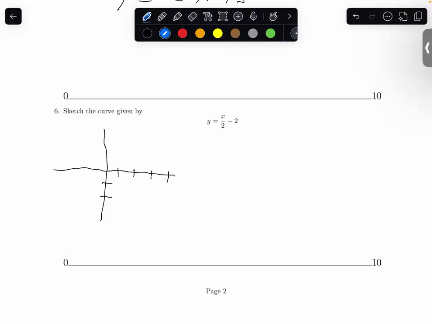Due to the y-intercept of negative 2, the first point we're going to have is 0, negative 2. To get the next point, we're going to use that slope of up 1 to the right 2. So 2, negative 1 is a second point.